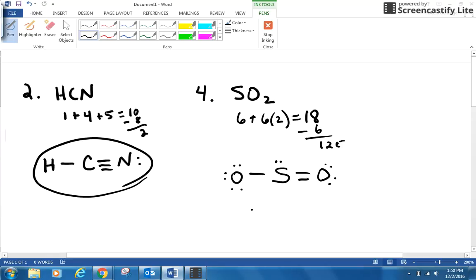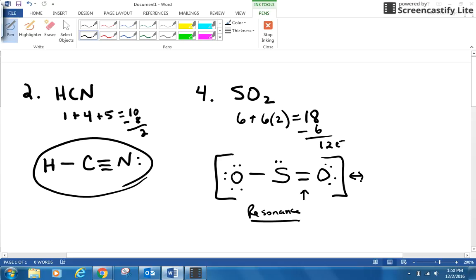Now, this is what we call the resonance structure. That means that this double bond here could also be drawn on the opposite side. So when you have that happen, you have to draw every structure that could be possible for this.